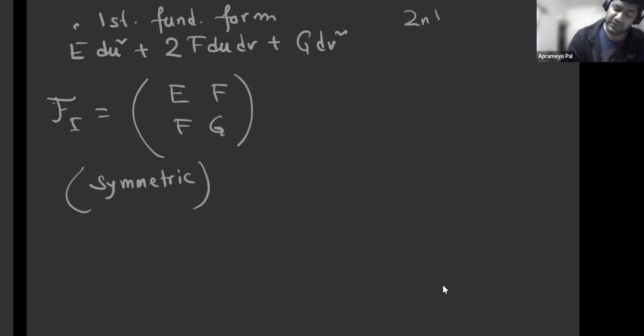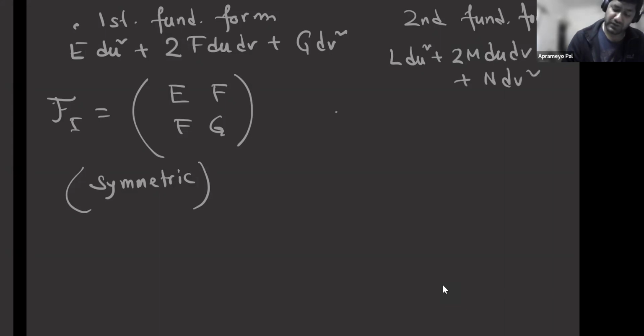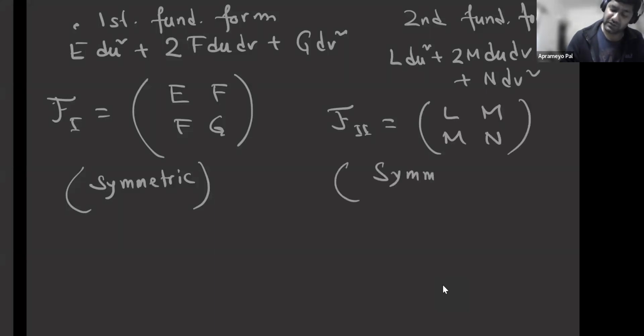And you also have the second fundamental form, which is given by L du square plus 2M du dv plus N dv square. And here you define Fii as L, M, M, N. This is also a symmetric matrix.